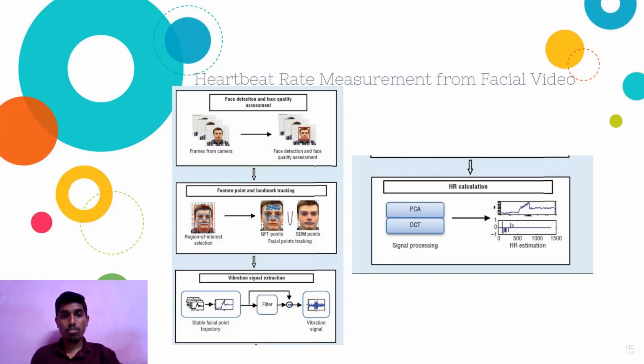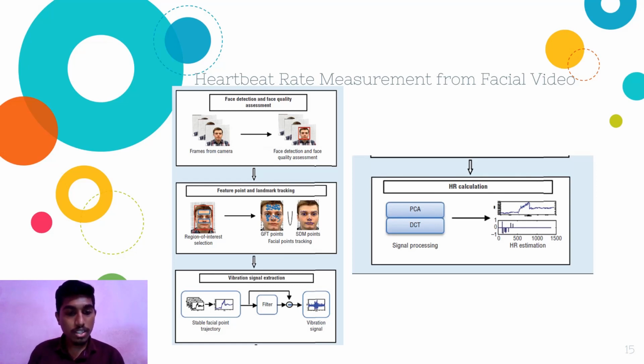So here is the method through which we analyze the facial expressions to find the heart rate of a particular person. A picture from the camera is taken of a person. Here is the image, and from that image we do face detection and face quality assessment, and through this feature point and landmark tracking is done.